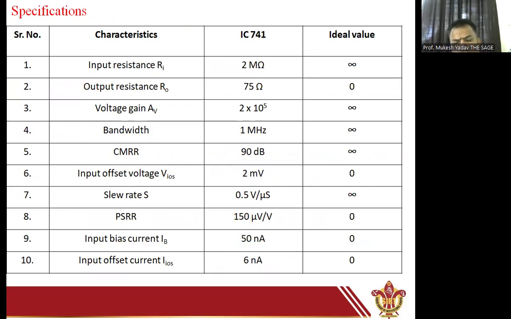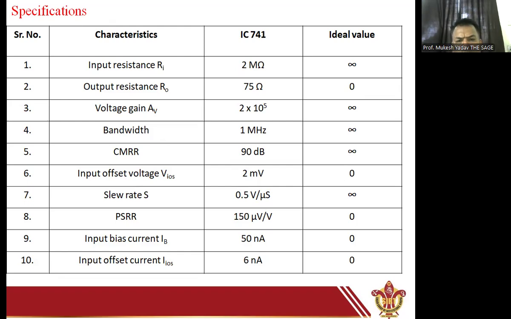Always, for any circuit, we require input impedance high and output impedance low. High input impedance is basically required so that most of the input signal is applied to the IC. Voltage gain of the ideal operational amplifier is infinite and for IC741 it is 2 into 10 to the power 5. Bandwidth is infinite, and for IC741 it is 1 megahertz.